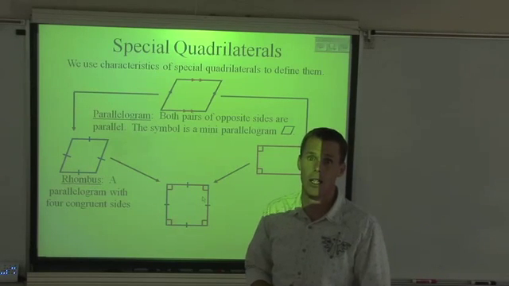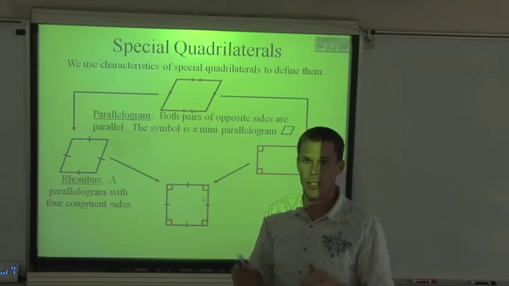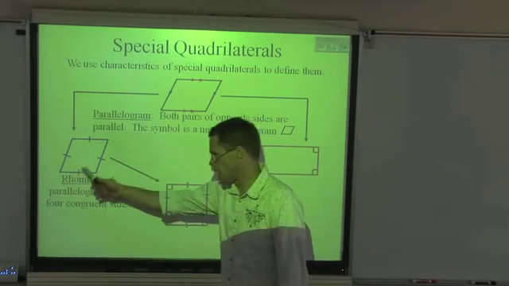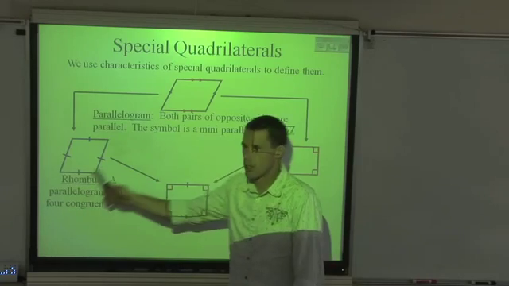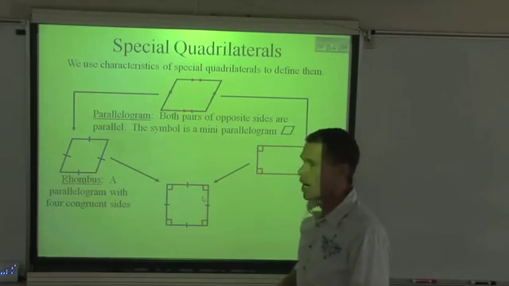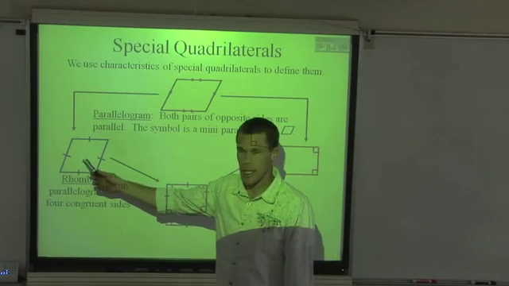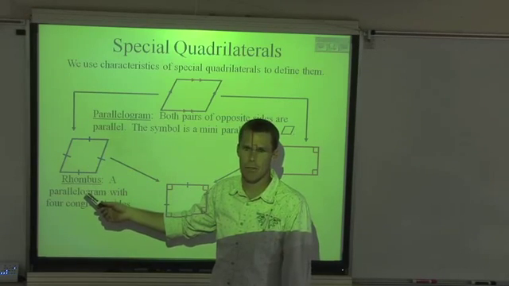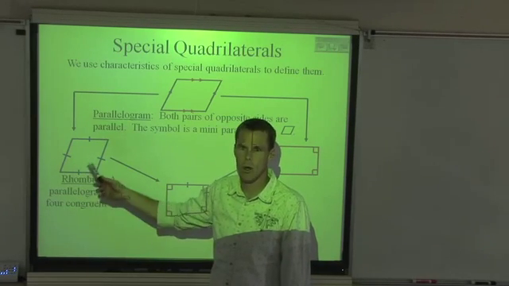Or it turns out that we can eventually prove that as long as you are told all 4 sides are congruent, we can call it a rhombus, which then lets us know it is a parallelogram. I would write down equilateral quadrilateral. That's the 2-word definition for rhombus. Equilateral quadrilateral.